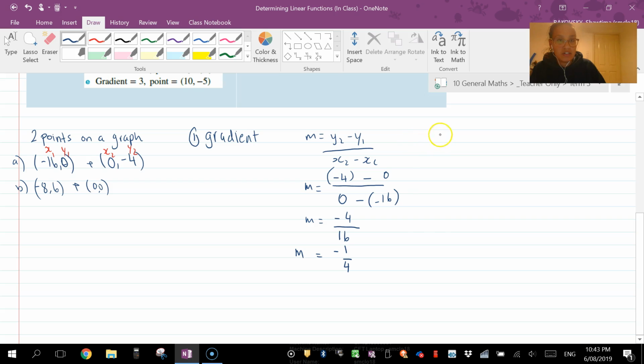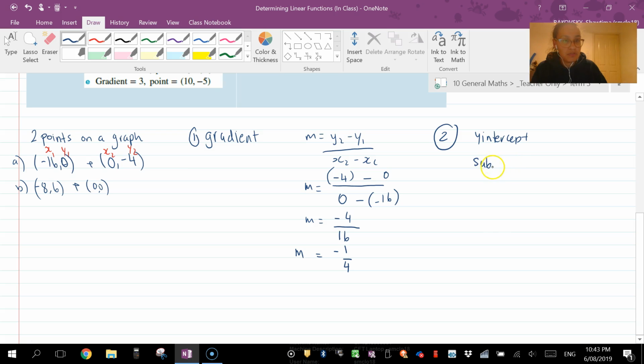And the second thing I'm going to do is determine where my y-intercept is. So how I do that is I substitute one pair of these points in. This is your gradient point method, essentially. You substitute your gradient.